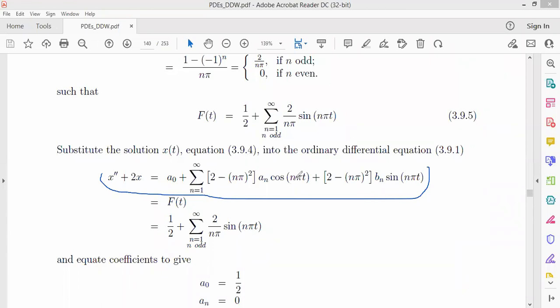But once n is odd, so for n even, you have 0. Any odd, you'll always remain with the sine. These ones we have already done. So to simplify that, you just have to play with the nature of n. Is it an even number or an odd number?